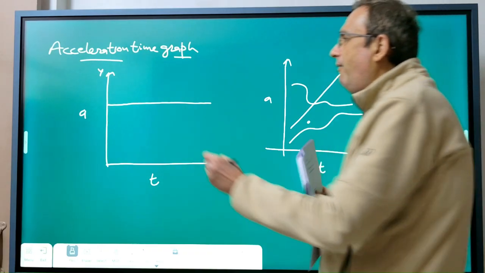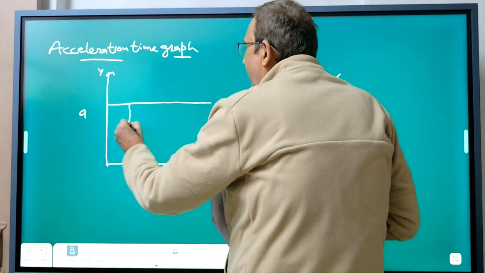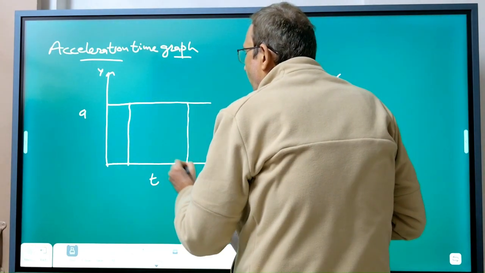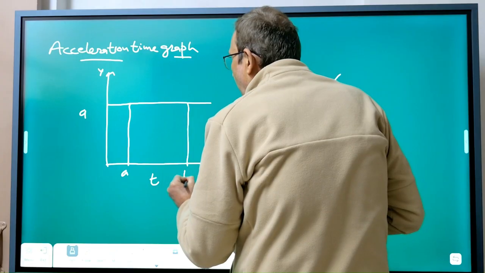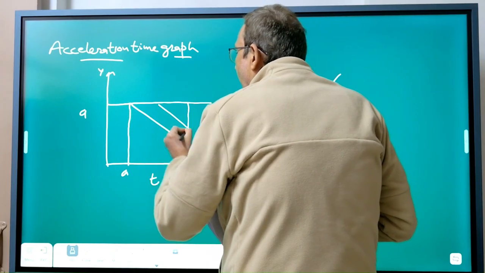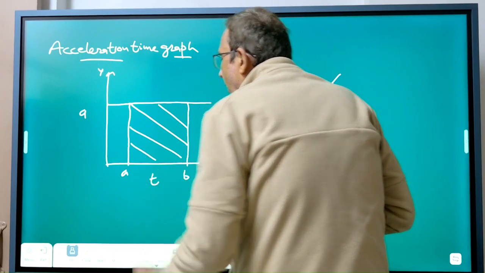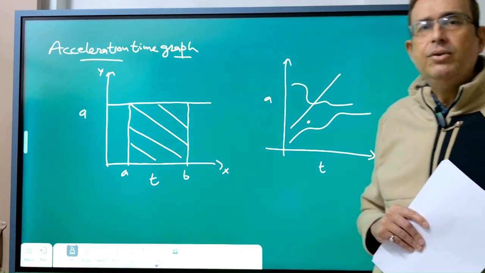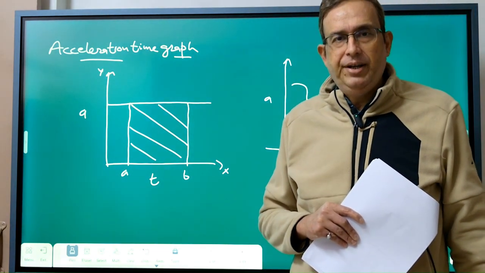Okay, and what is the area under the graph? Let us say from point A to point B, this area is going to represent the change in the velocity.